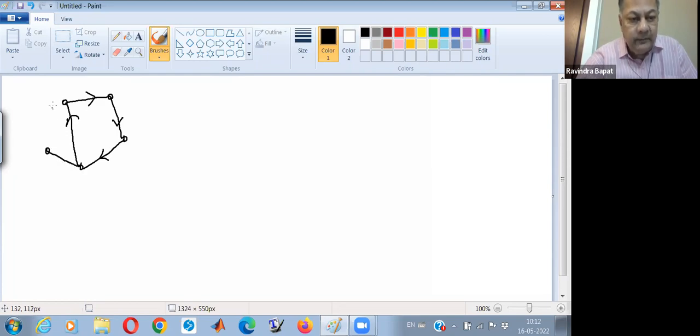I'll use the same term, of length 4, and there may be some other edges. This is not strongly connected, but this is a circuit of length 4. And so this matrix, the graph has a circuit of length 2.